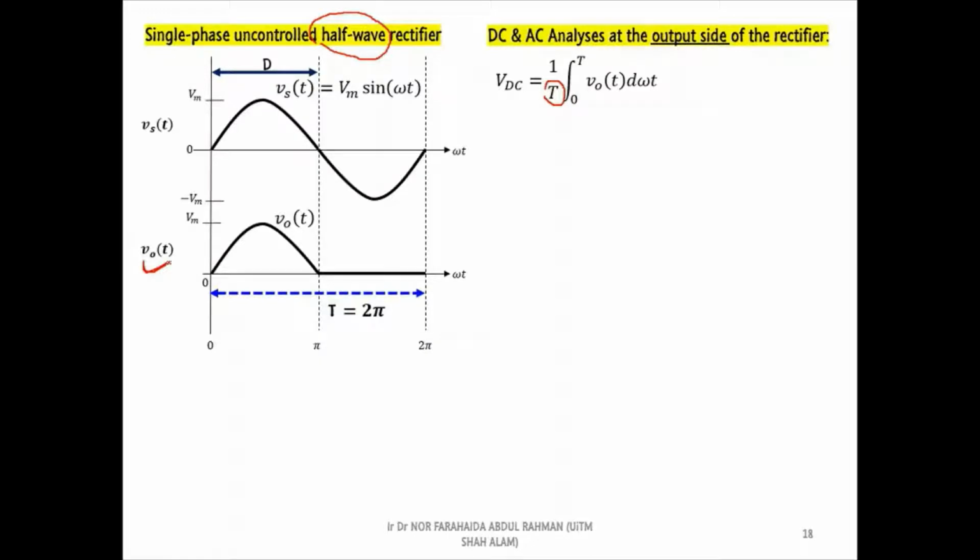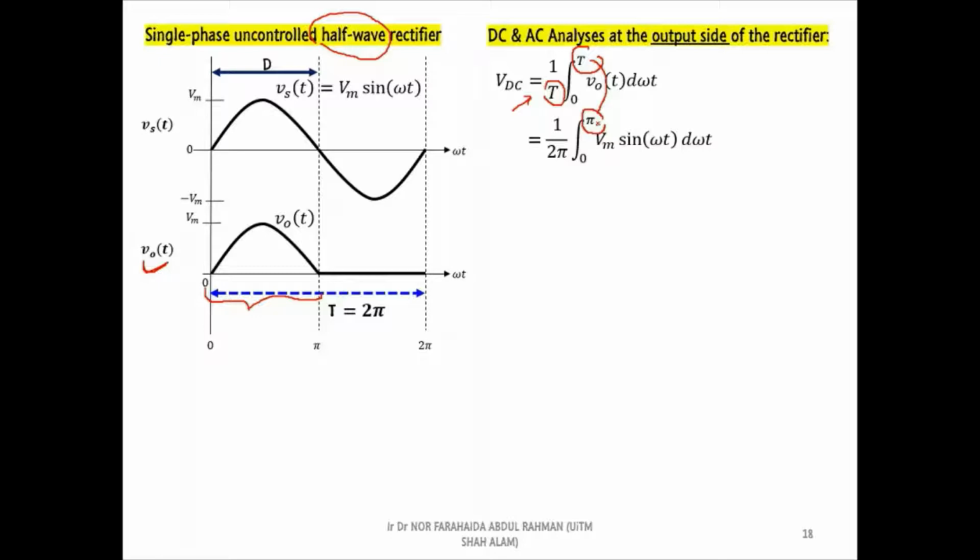Hence, we can rewrite the general equation by replacing the T with 2 pi. However, since the area under the graph can be calculated between 0 until pi, therefore, this T should equal to pi only.